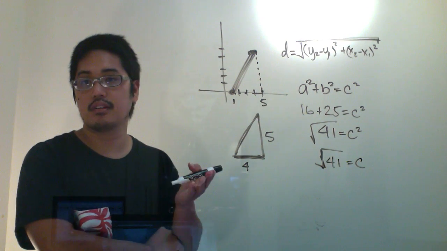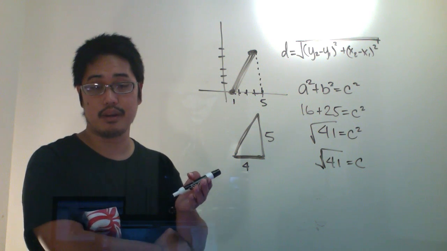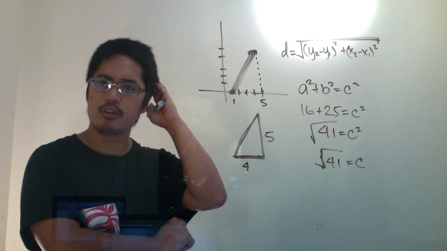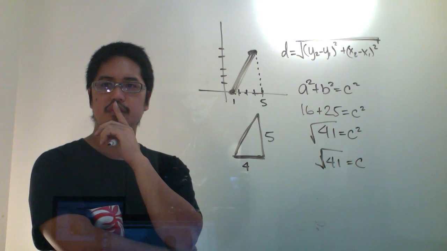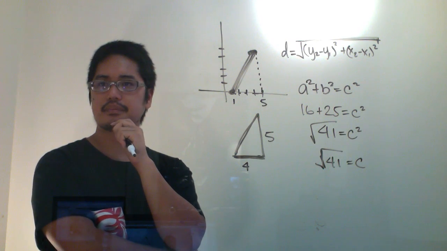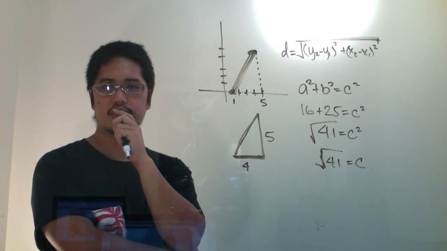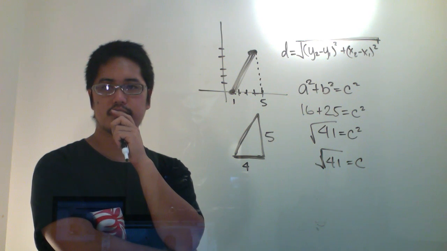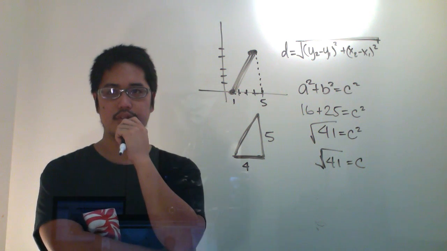By the way, use your calculators. I'm not very good at doing the square root of 41 in the top of my head. What's the square root of 41? Please use a calculator or type it into Google and Google will tell you.